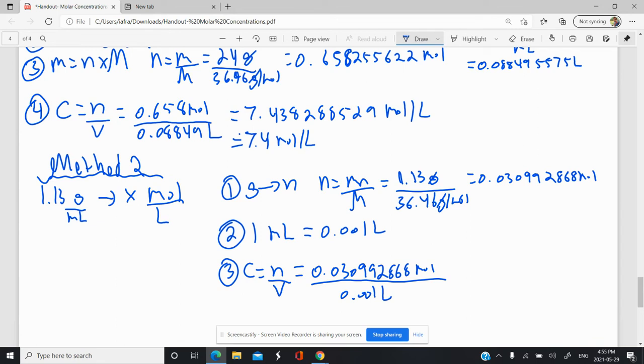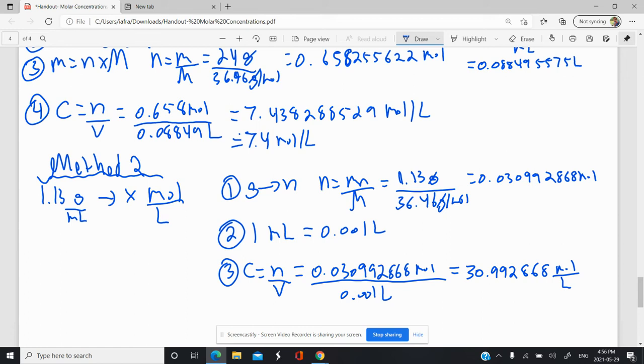So 0.030992868 divided by that, and we get 30.99288 moles per liter.